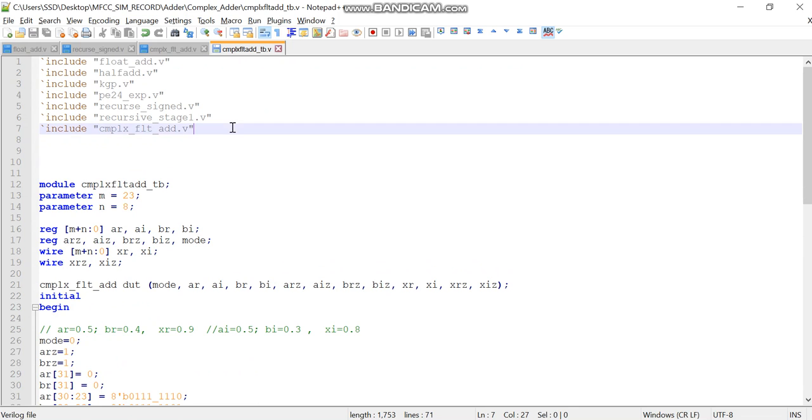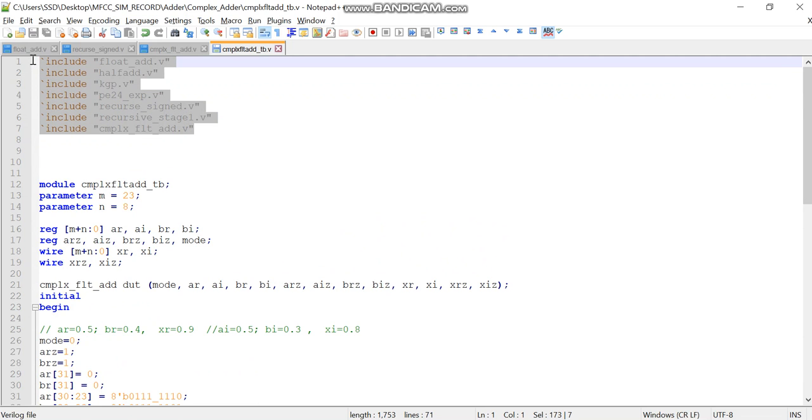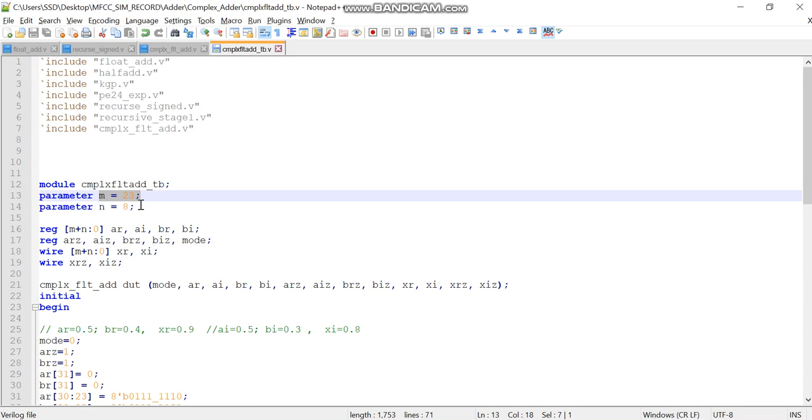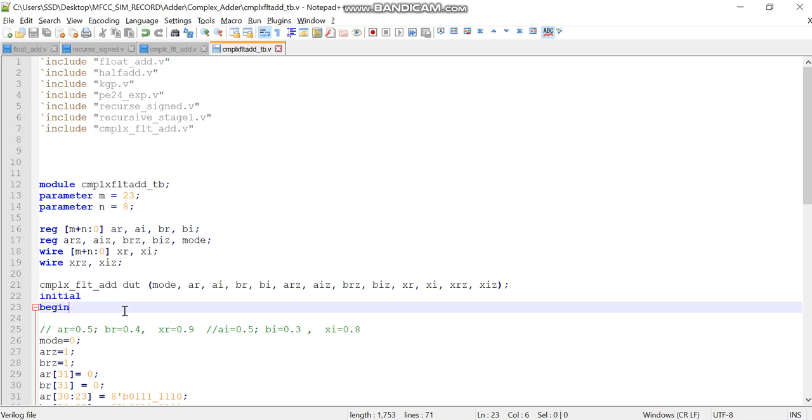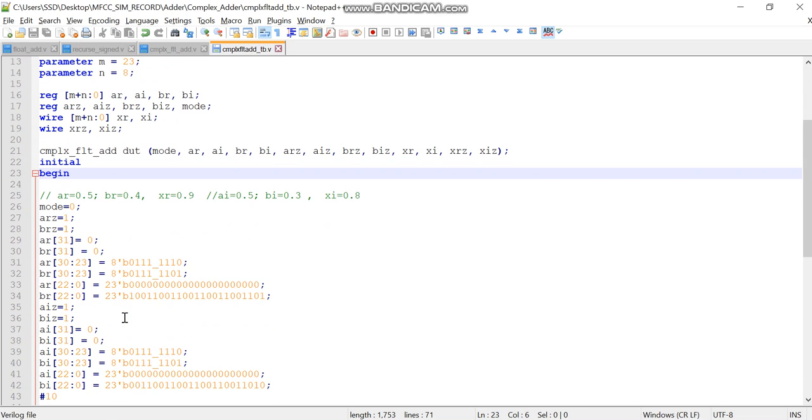So this is the test bench, and I have included all the required submodules for the complex floating point adder. M is a mantissa parameter, N is an exponent parameter. I have instantiated the top module over here. And now coming to the inputs.